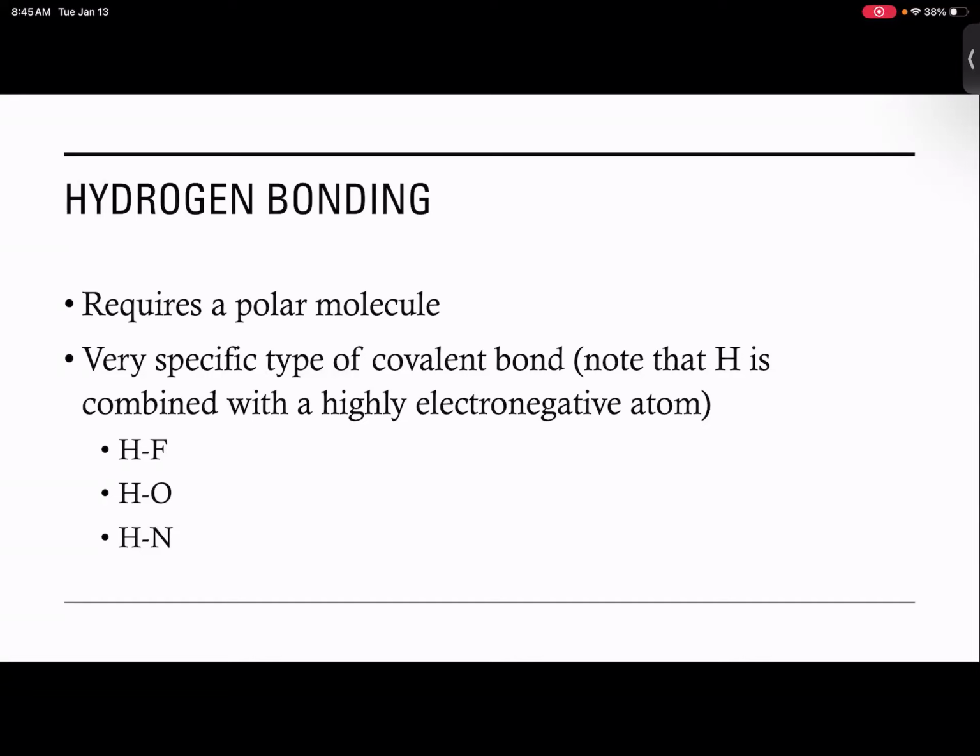If it's polar and it has one of those three bonds in the structure, then we have hydrogen bonding.